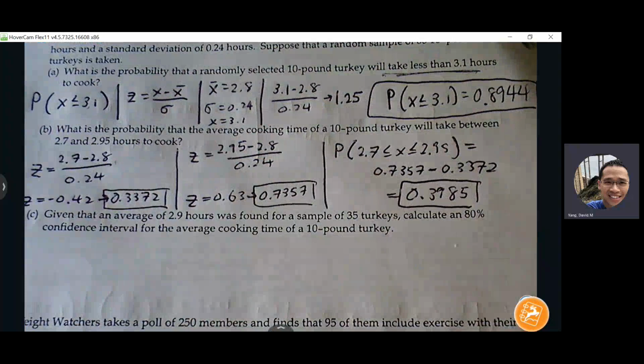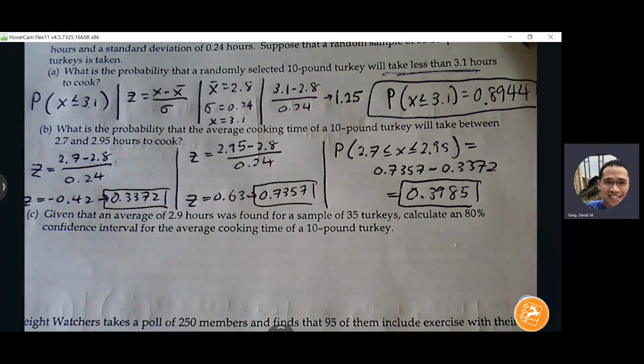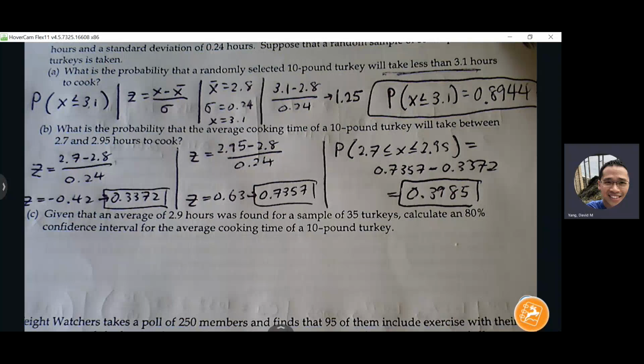So A and B is review from the earlier portion of our unit. And then part C, we get to confidence intervals.